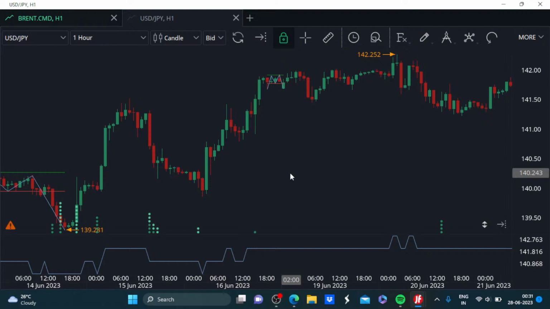So utilizing that, we can decide whether the underlying instrument has strong momentum, or the momentum is not really on our side and things are simply staying sideways.